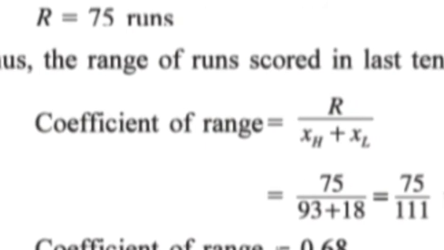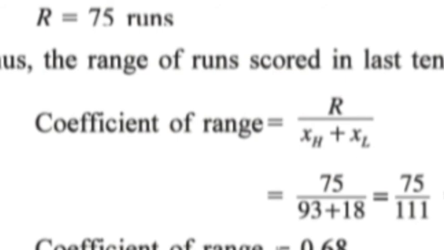The range is 75 runs. Children, in range you will have its unit. As both 93 and 18 are in units of runs, when you find the difference, the 75 that you are getting will be with units, that is R is equal to 75 runs.